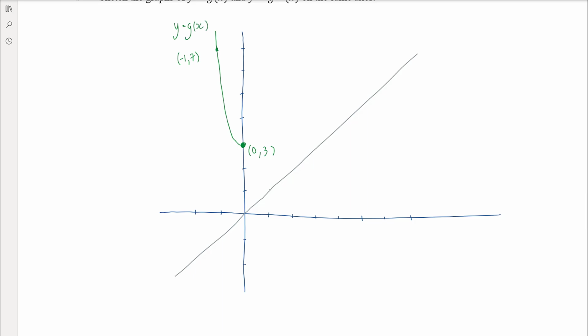My inverse function starts with an included point at (3, 0). And it's a parabola, so make sure you've got a turning point. I see too many of these sketches without one. That's a turning point there, so make sure your graph actually turns there. And then we're going through the point (7, -1) for my inverse function.